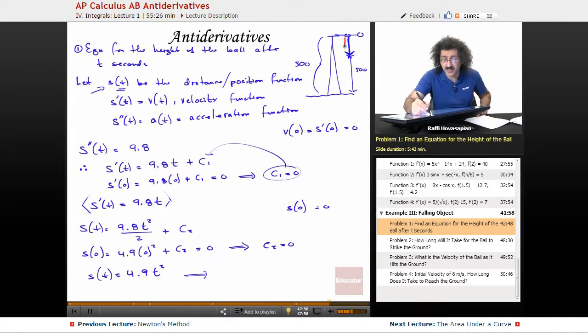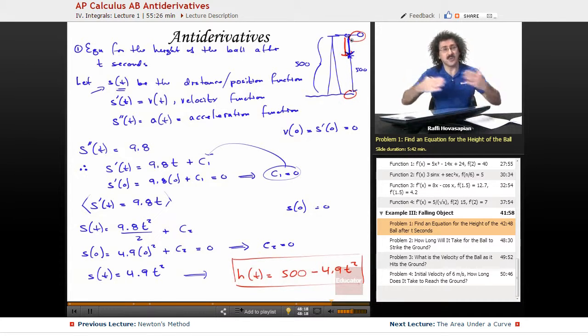After a certain number of seconds, I've traveled this distance. Therefore, my height above the ground is going to be 500 minus this distance. So my height function is going to be 500 minus 4.9t squared. And again, this is only based on the fact that I chose this as my zero. You could have chosen this as your zero. Just a different frame of reference.